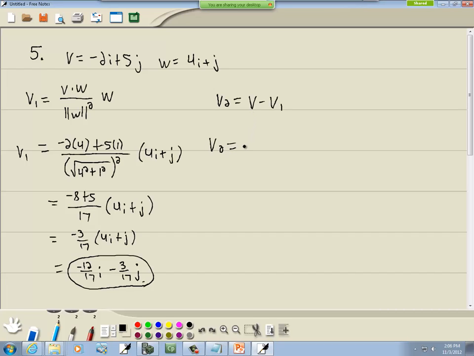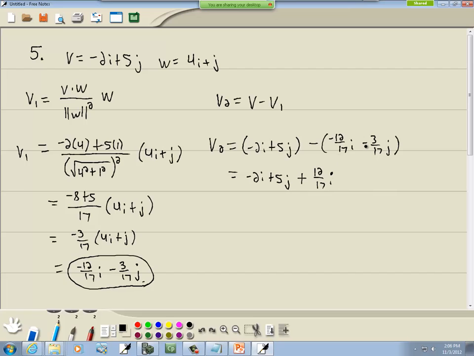Now we'll take V, which is negative 2i plus 5j, minus V1, which we just said was negative 12/17 i minus 3/17 j. So we got negative 2i plus 5j. Negative negative becomes positive, so we got 12/17 i.